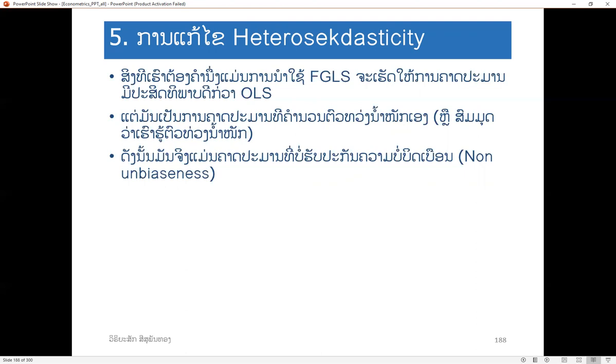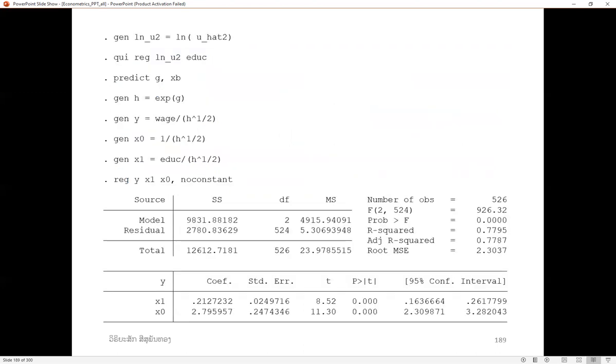So it depends on the assumption. Basically, the robust standard error is more popular because you keep the consistency. This is the manual way to do FGLS.